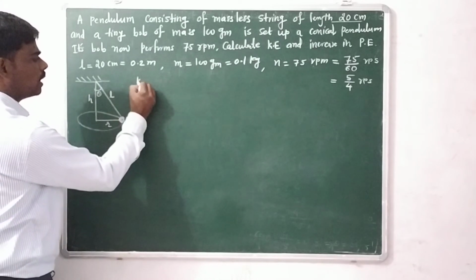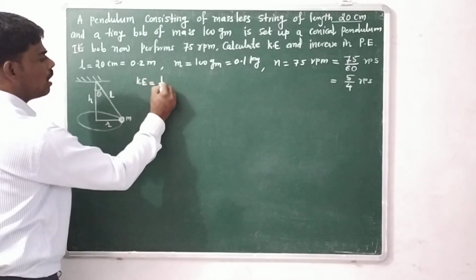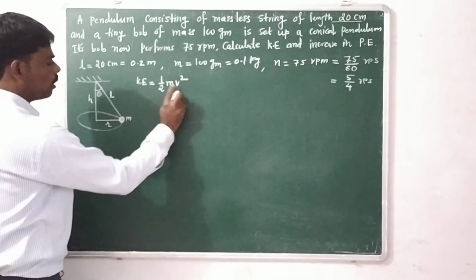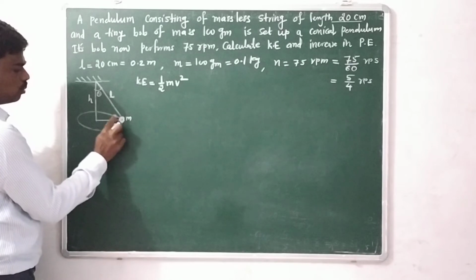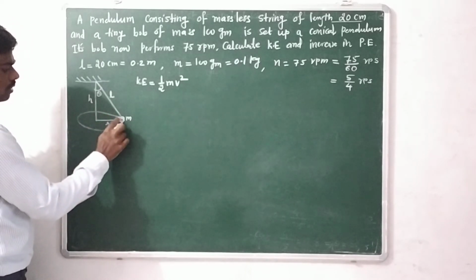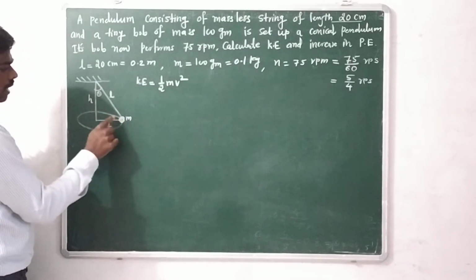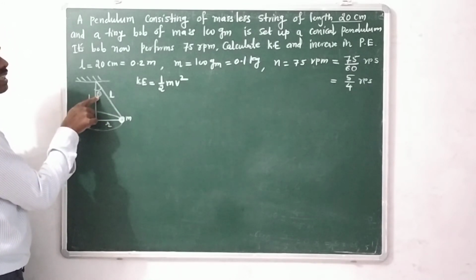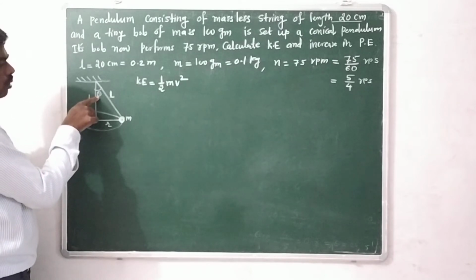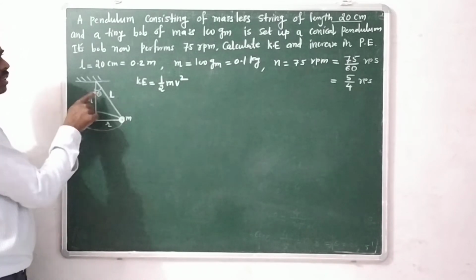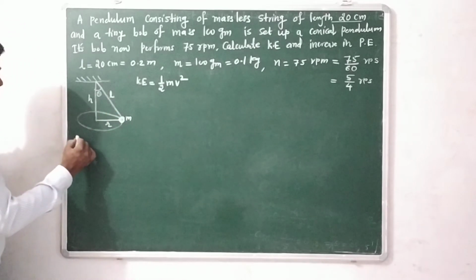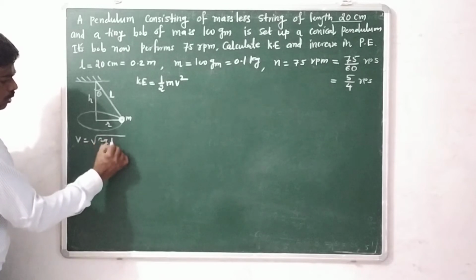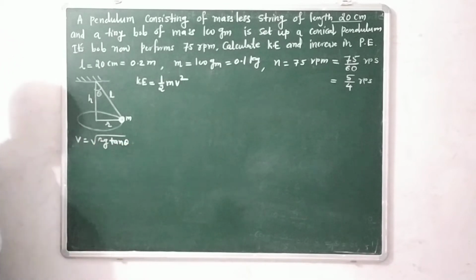So what is the formula for kinetic energy? Kinetic energy is half mv square. So what is v? Velocity. We know that this bob is performing circular motion with respect to this inclination theta. In the theoretical aspect, we have obtained the velocity of this bob: v is equal to under root r g tan theta.